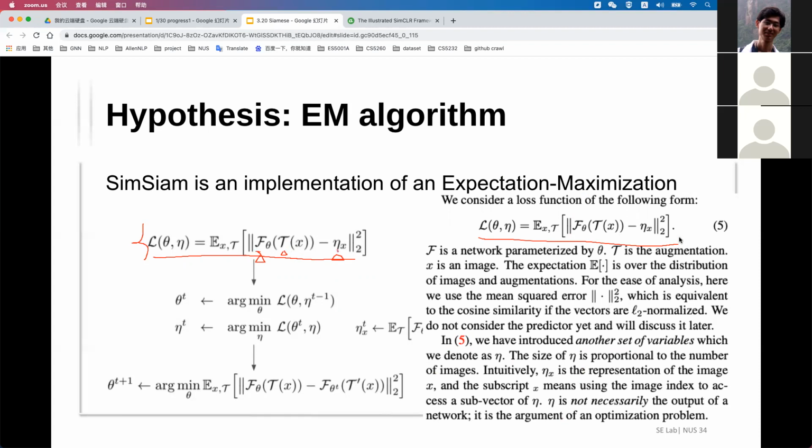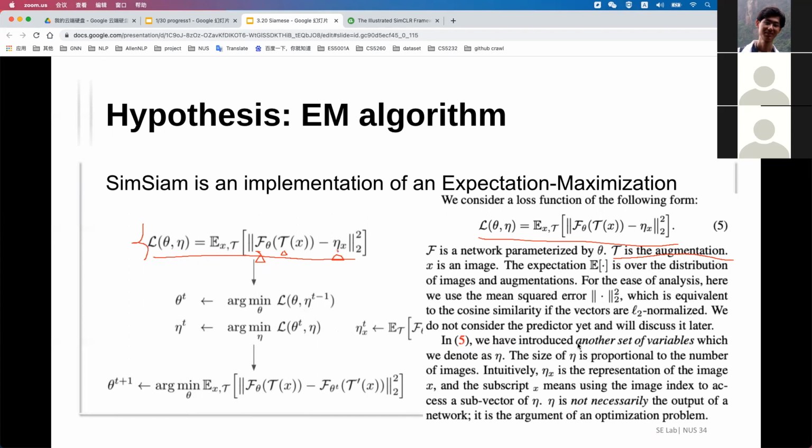Can I regard f as a projection or a prediction, and tau as the encoder? Yeah, tau is the augmentation, and f is the encoder. What about eta? Eta is actually very difficult to understand.